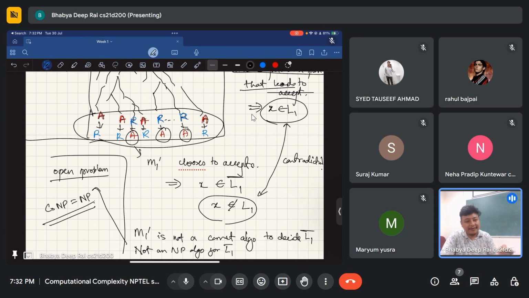Any language in NP, if you complement it and you still have an NP algorithm for it, then that simply means that the complement of that NP language is in CoNP, and you know that any language in CoNP can be decided by an NP machine, which means CoNP is equal to NP. If you show this, then you'll be pretty famous.